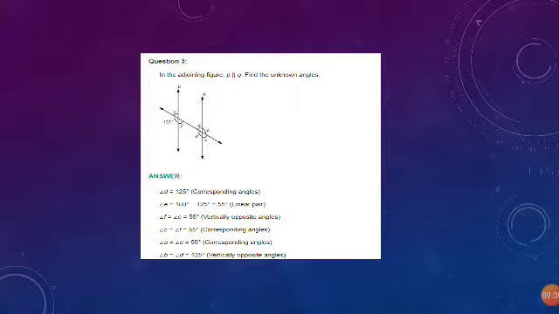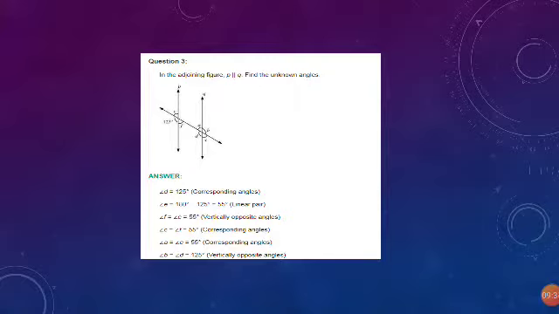What are linear pair angles? Linear pair angles mean supplementary angles. Supplementary angles have a sum of 180 degrees. When we add the two angles, we get the value 180 degrees.